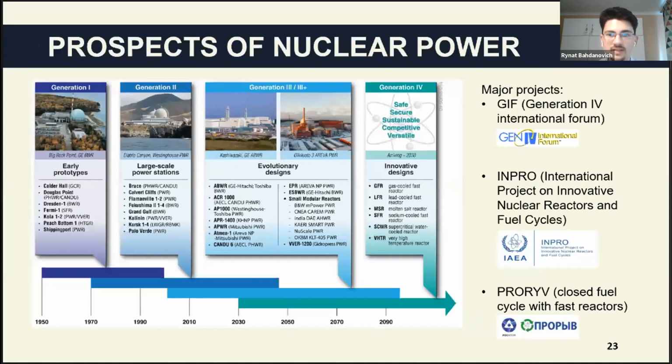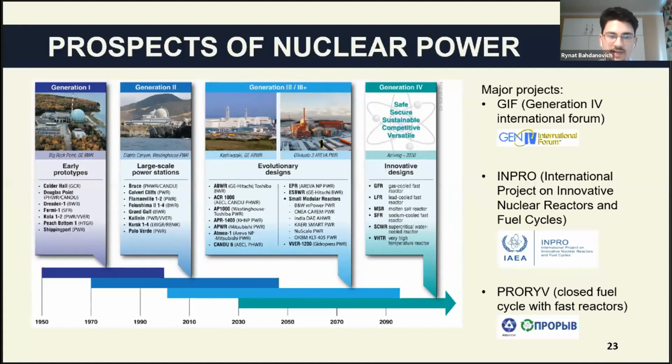Here we can see the classification of nuclear power plants by the time of the reactor design. Generations 2 and 3 are operated today. Also, the most modern and safe Generation 3+ reactors with severe accident safety systems in the project were connected to the grid recently.